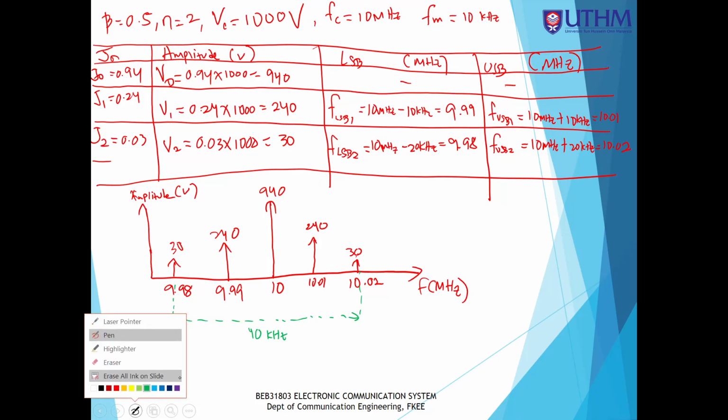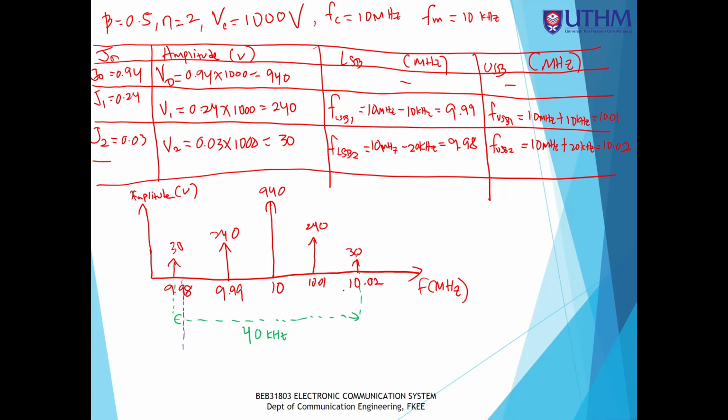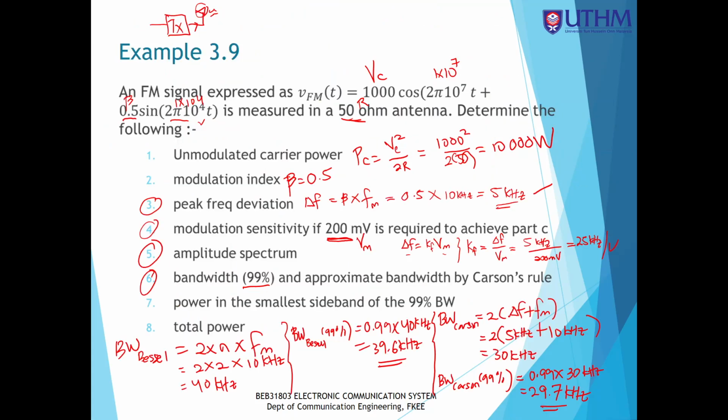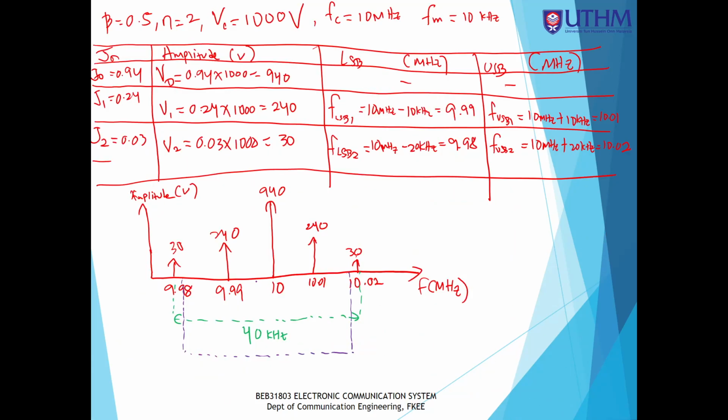Sorry about this, I erased this one. It is 40 kilohertz. According to Bessel, 99% of the Bessel bandwidth is somewhere over here, around 39.6.